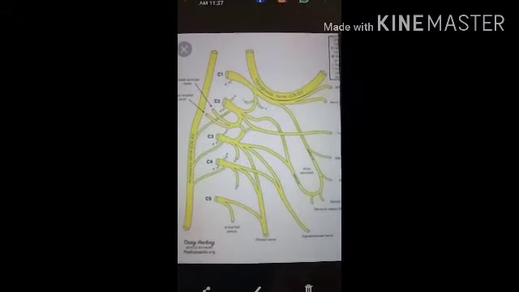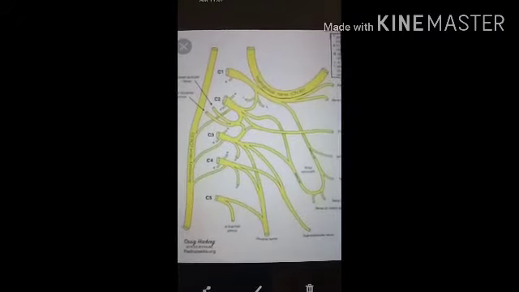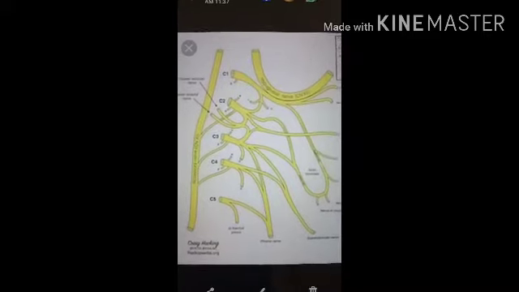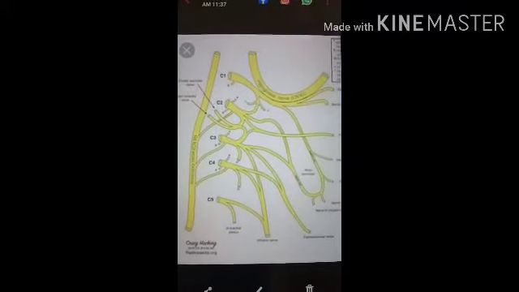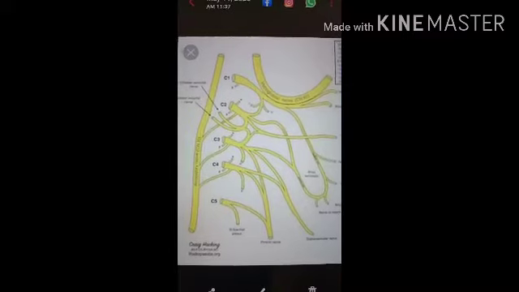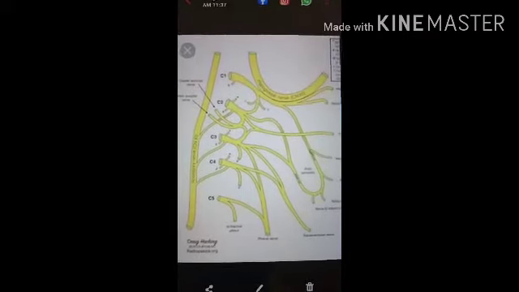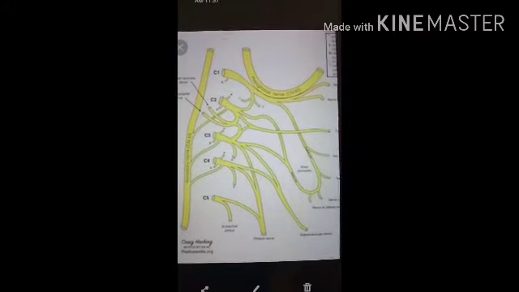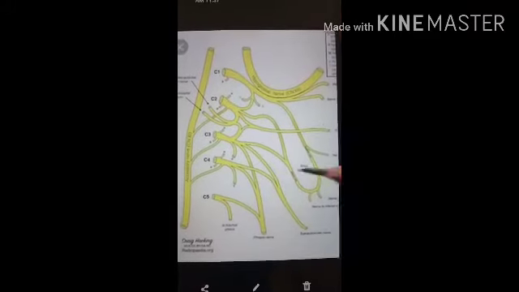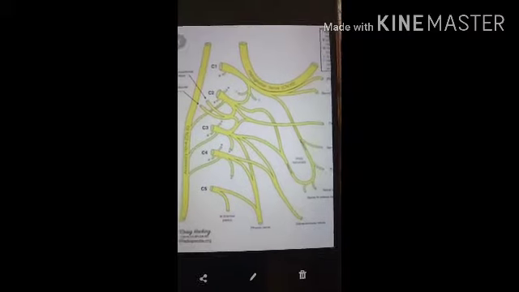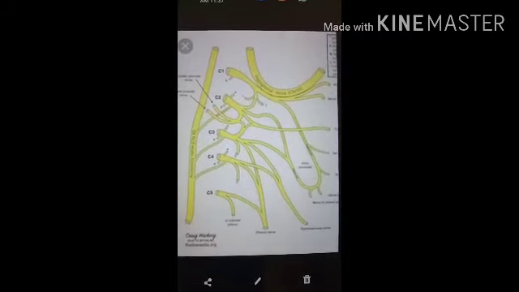The superficial branches supply the structures at the back and side of the head and the skin of the front of the neck to the level of the sternum. Then the deep branches supply the muscles of the neck, that is the sternocleidomastoid muscle and the trapezius muscle.